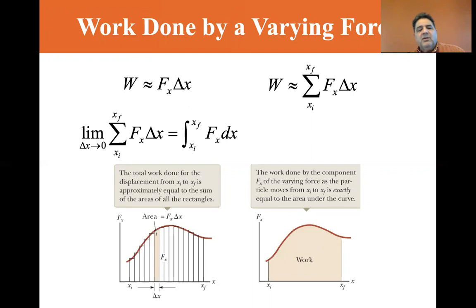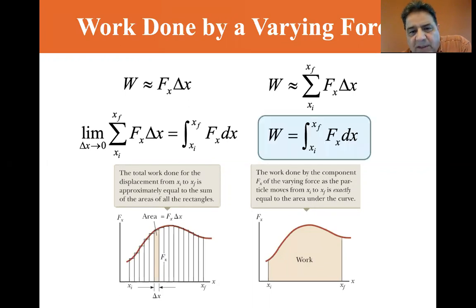So the limit as delta x approaches 0, in other words, as we make each of those delta x smaller, is the sum of that Fx dx, and that ends up being the integral from x initial to x final of Fx dx, which is the work done. So the work is equal to the integral from x initial to x final of Fx dx.